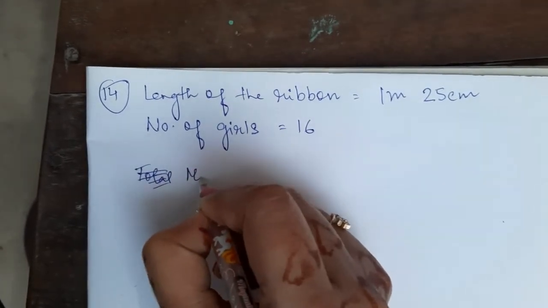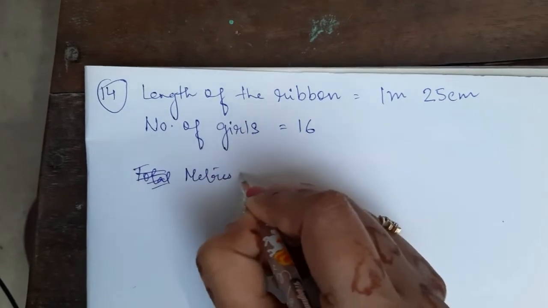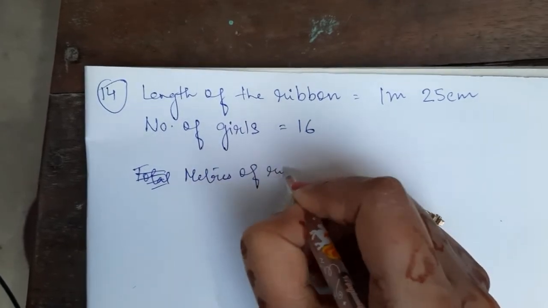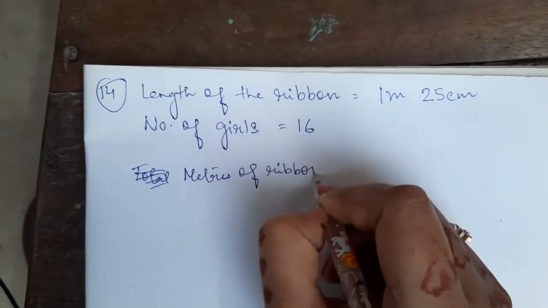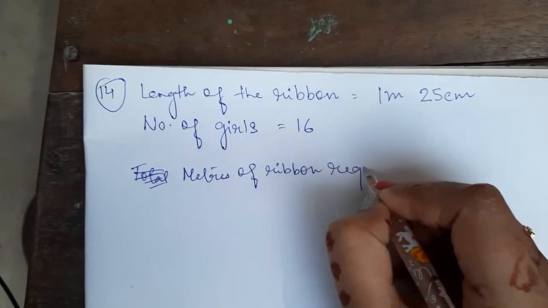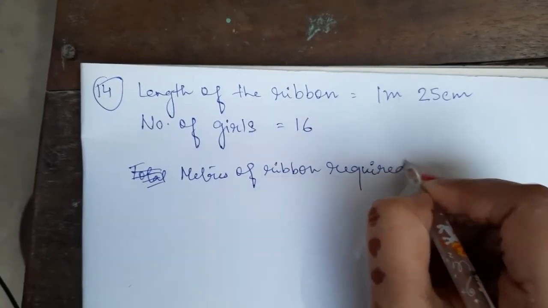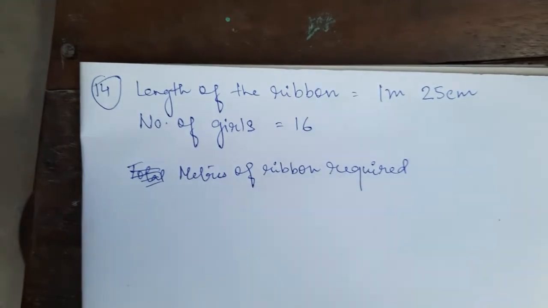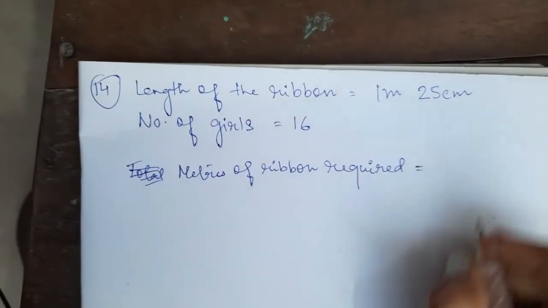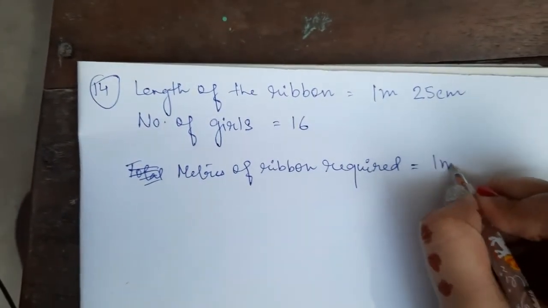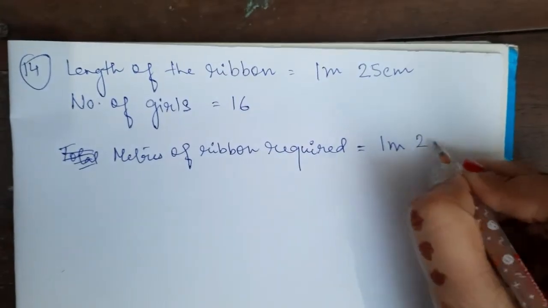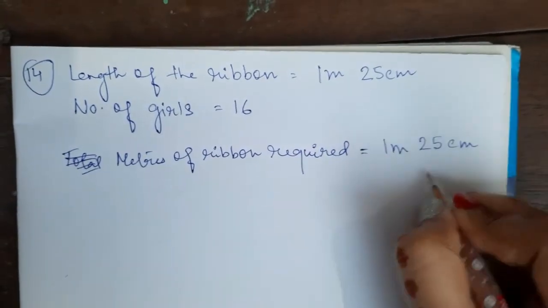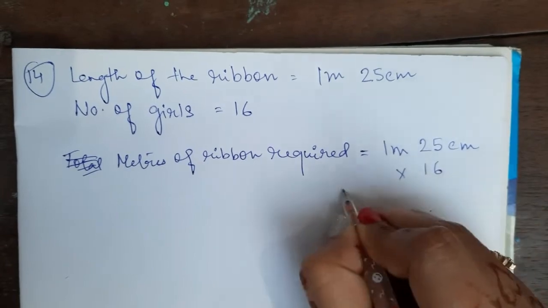Let's write meters of ribbon required. I'm simply using statements from your question only, so that it becomes easy. So 1 meter 25 centimeter multiplied by 16.